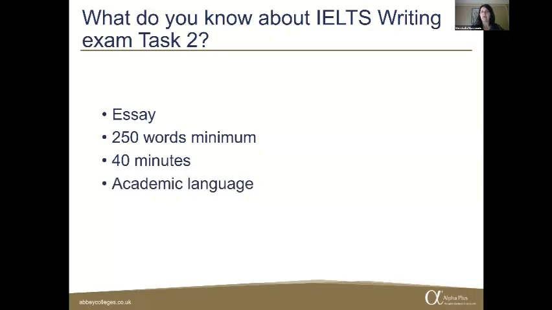So task 2, the second of the 2 written tasks in the IELTS writing exam, is an essay. Therefore, the need to know how to plan and write an essay. It should consist of at least 250 words, written within 40 minutes using academic language.